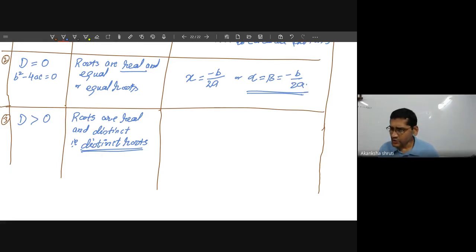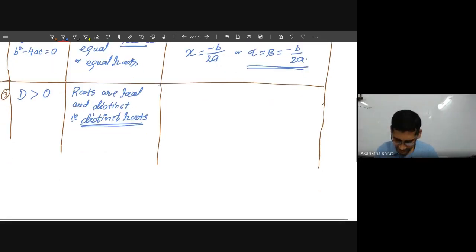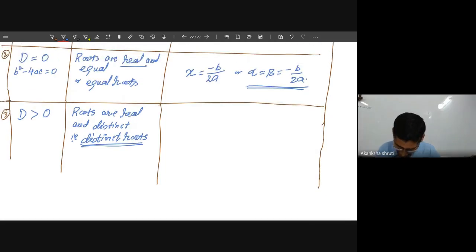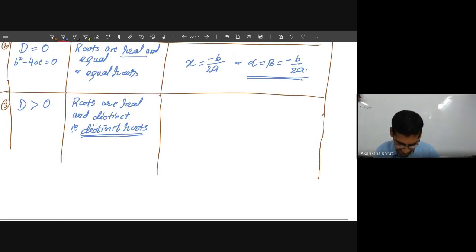Now these distinct roots may be rational or irrational, depending on whether D is a perfect square or not. Let us subdivide it into two parts. One is D greater than 0 and a perfect square.